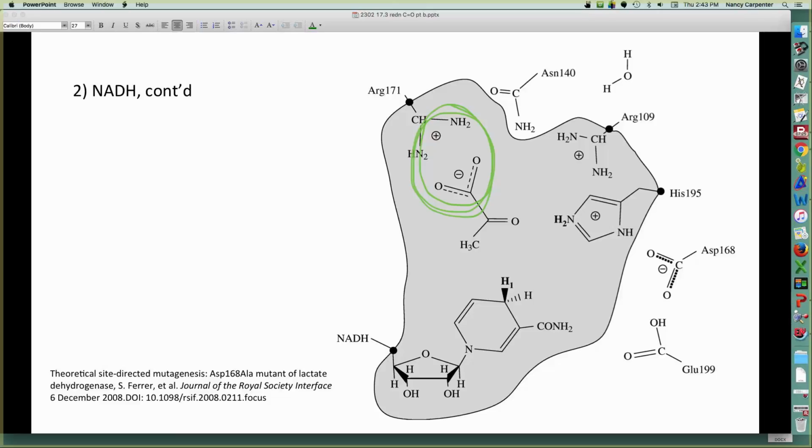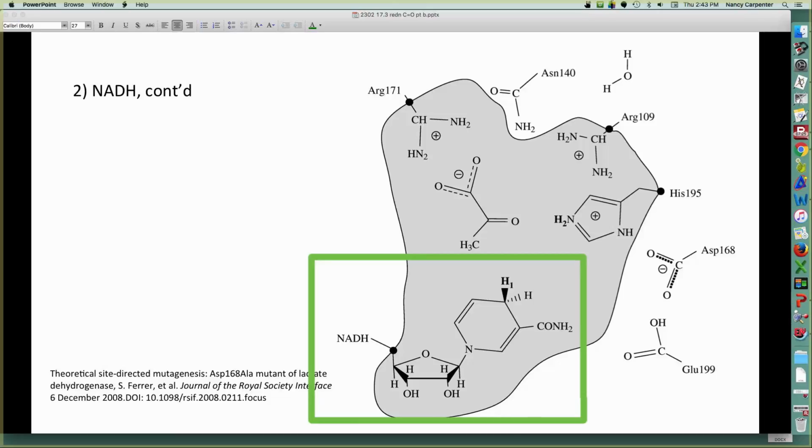So I've got some positive charge here that coordinates to my carbonyl on my substrate. I've got clearly lots of electrostatic attractions here between this carboxylate and this protonated arginine, I think. But anyhow, the point here is the substrate is being held in a specific position and NADH is right nearby.